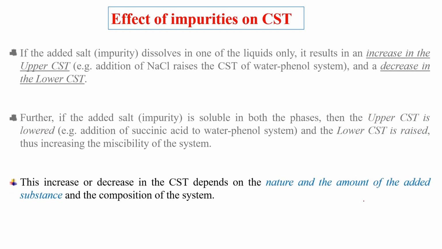This increase or decrease in the CST depends on the nature and the amount of the added substance and the composition of the system. Let us summarize the points that we have discussed so far.